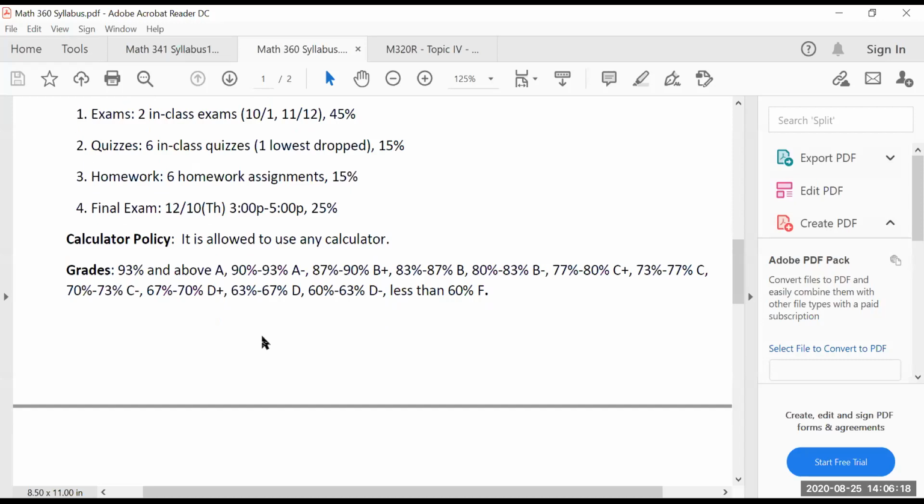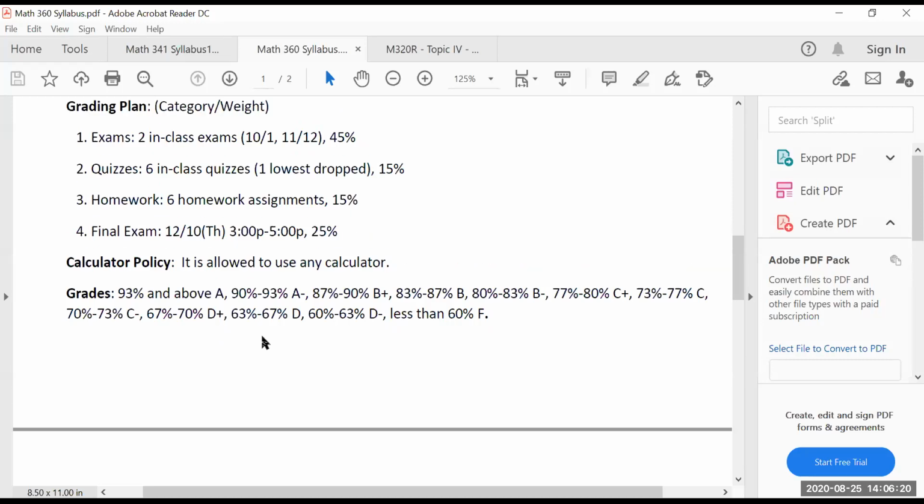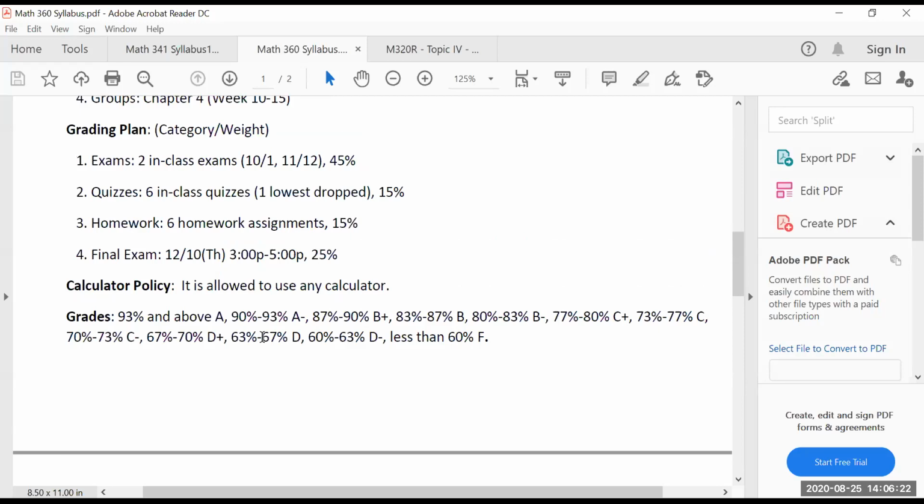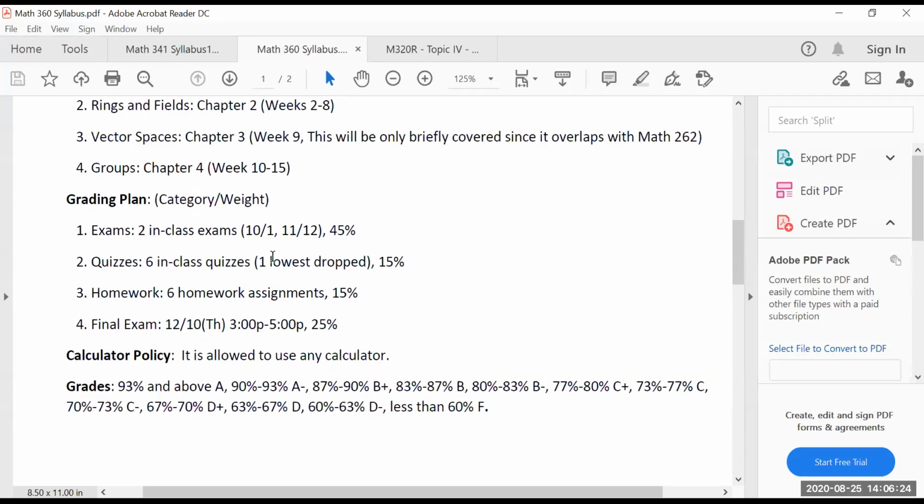Because the class is online and the exams and quizzes are done as an online submission, it is allowed to use any calculator. However, this is a mathematics course and it is mostly about the proofs.